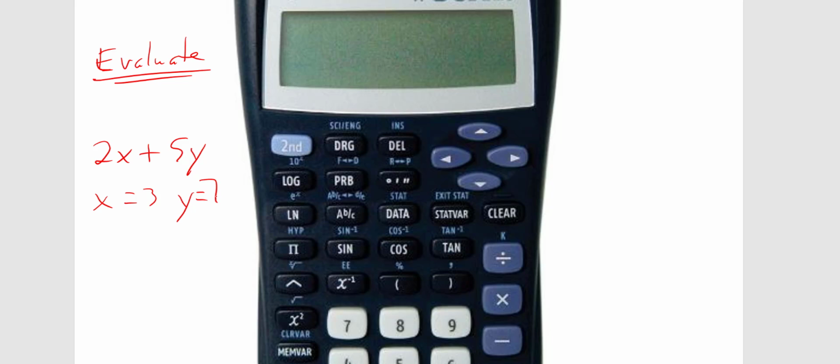Basically when you see a variable on your calculator, you're going to use a parenthesis. That's key.